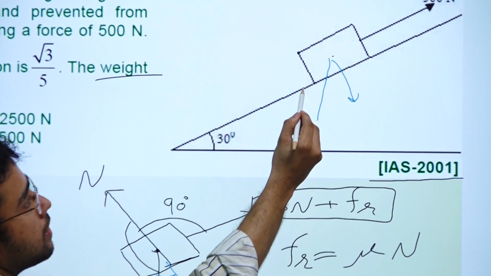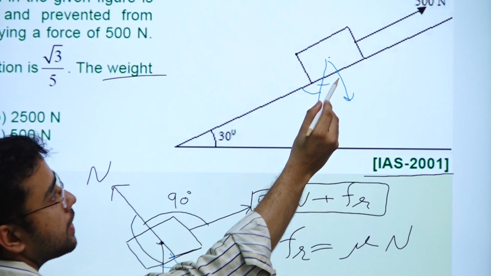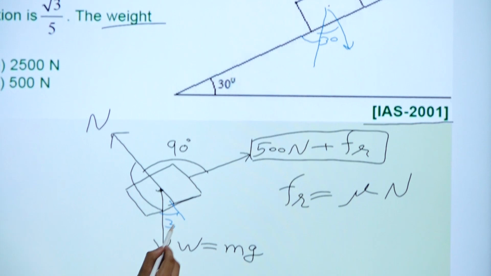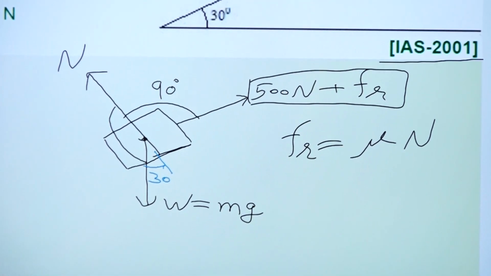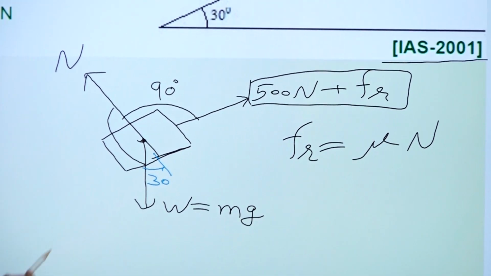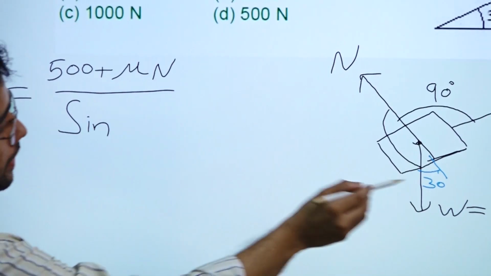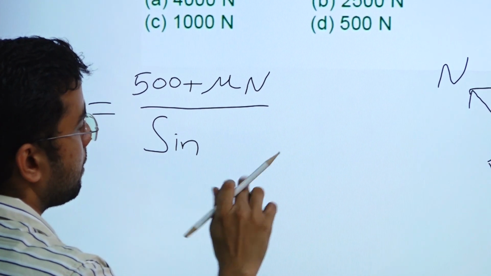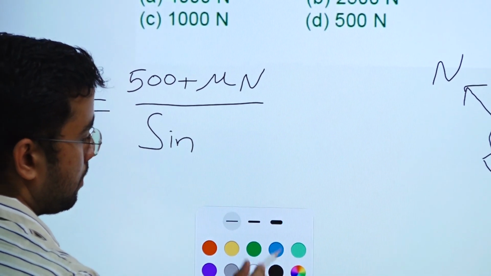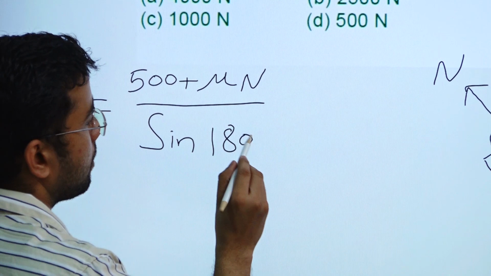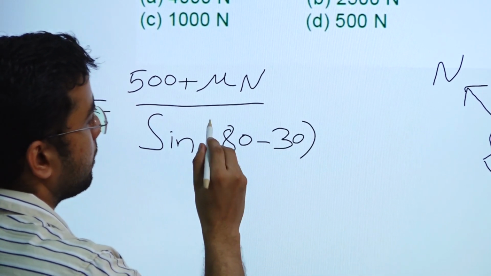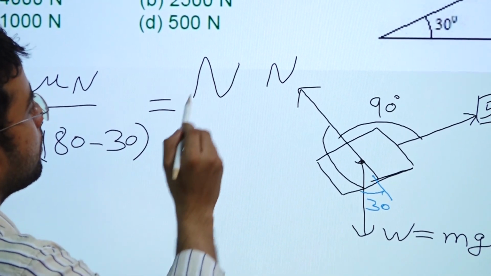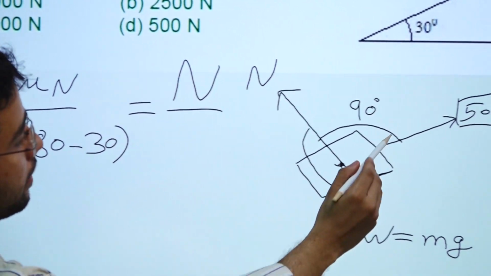This angle is 30, so this other angle will be 90 minus 30, which is 30. So the angle between N and W will be sine of 180 minus 30, equal to the normal force N divided by this angle.